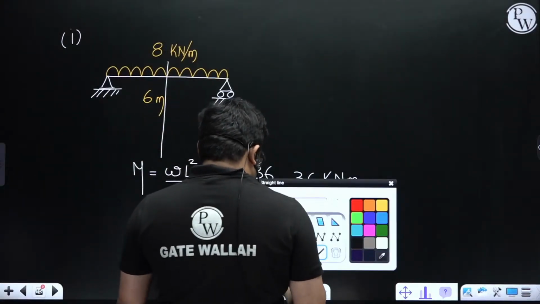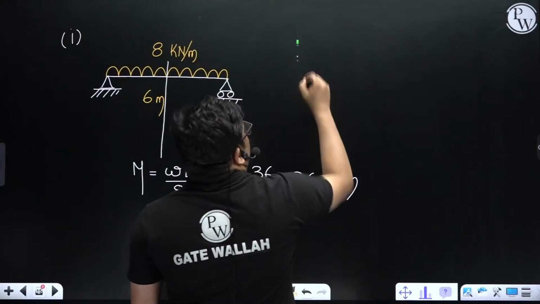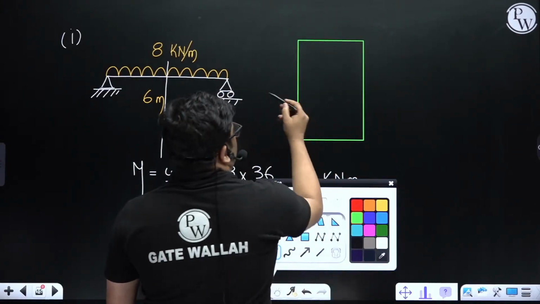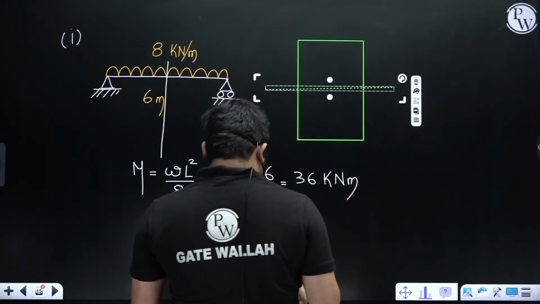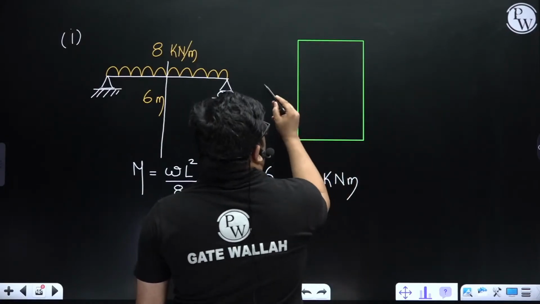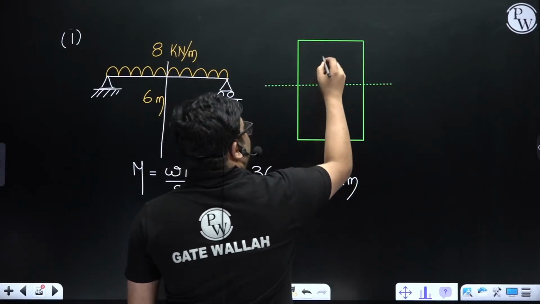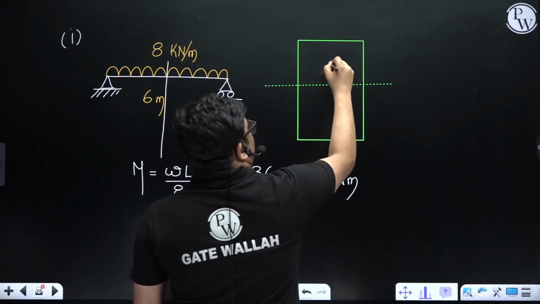That means the beam cross section is something like this. And I have to find out the bending stress at a point which is 100 mm from top.